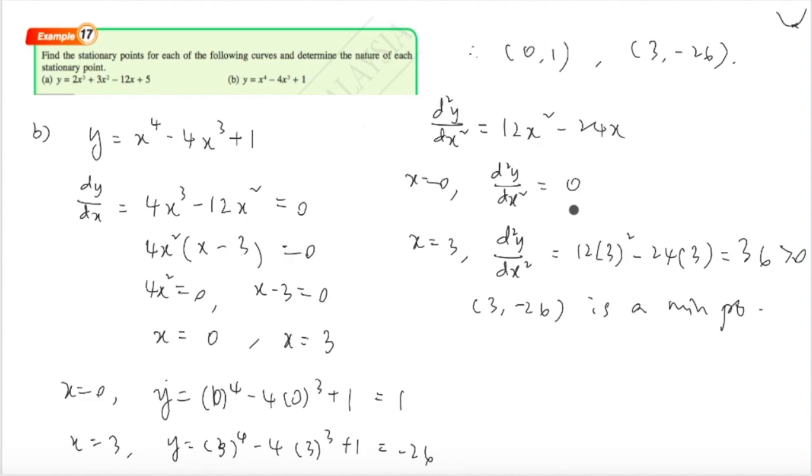Now this one, (0, -1): d2y/dx2 equals 0. So I need to do one more step, d3y/dx3. It's not in your syllabus, but I think it's okay. You can see the example in your textbook, which uses a different method, like the dy/dx method just now.